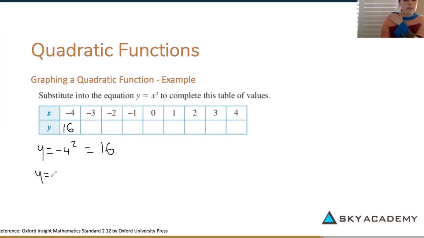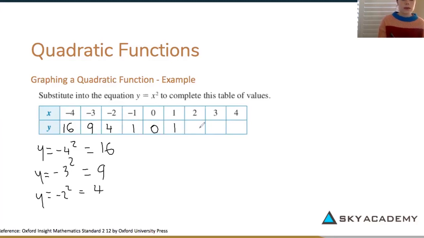Let's do the same for -3 squared. You'll get the answer of 9. And I'll just do one more quickly for -2 squared, and you'll get the answer of 4. And now I'm just going to go ahead and do the rest of these x values.